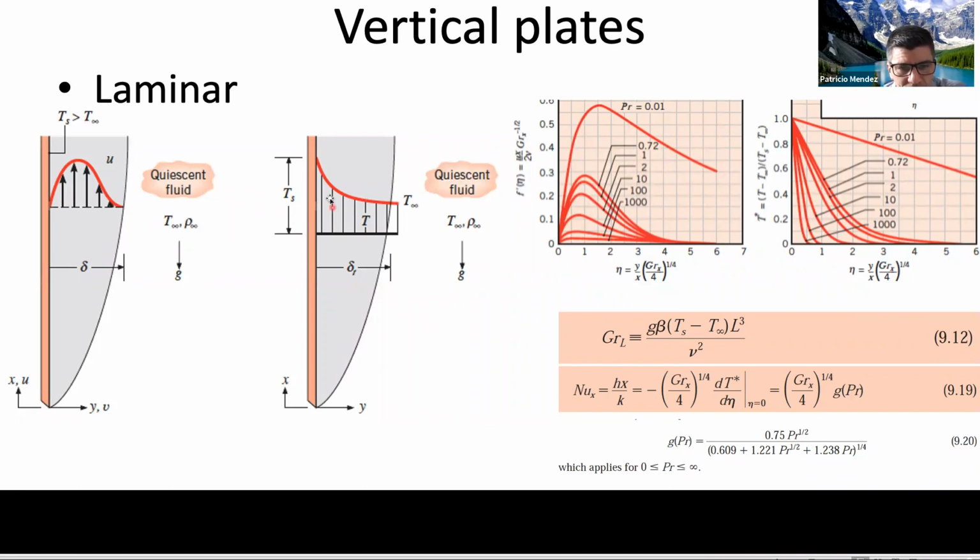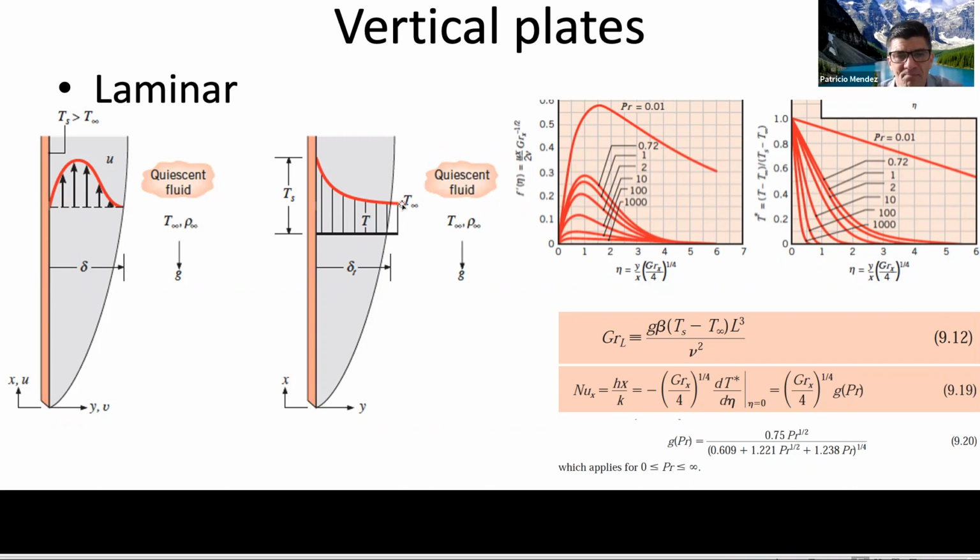So we would have this boundary layer, and the temperature that is high against the plate comes down towards infinity. We have the temperature T infinity of the quiescent fluid.